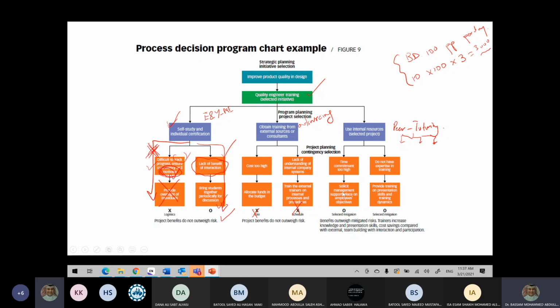What is the solution? Solicit management support, provide support, place it on employees' objectives. Support could be what? If you're talking about staff members, for example, Bassam Al-Hamad, you're using him as an internal resource to teach, to provide training programs. Instead of bringing people from outside, you have Bassam Al-Hamad train other colleagues. So the time commitment is too high.